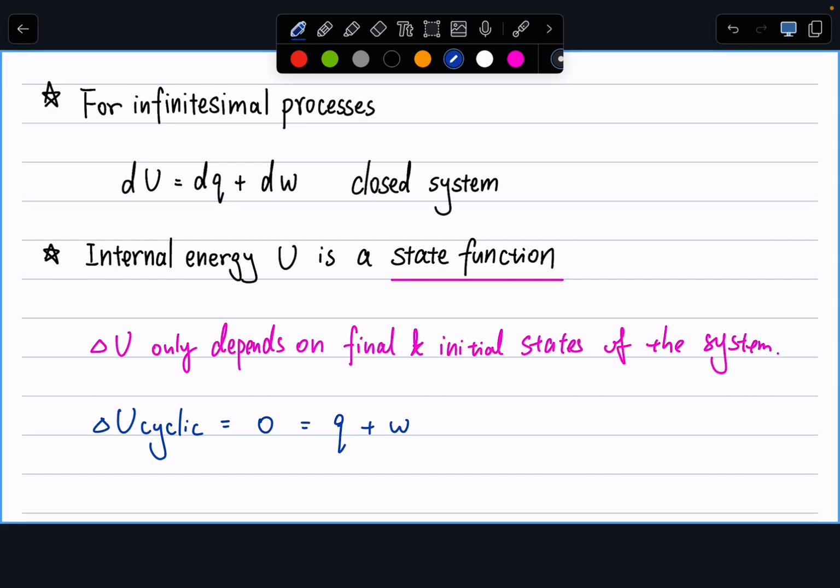So as long as we have a means to calculate, say, work or heat for that cyclic process, we know the other, even if the other path may not be very well defined. So it's a very powerful tool for us as scientists to calculate one of these terms.